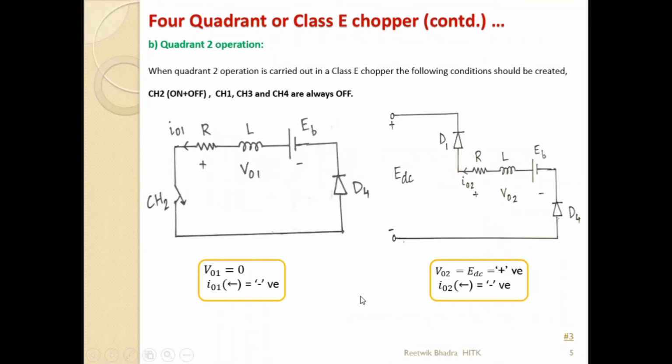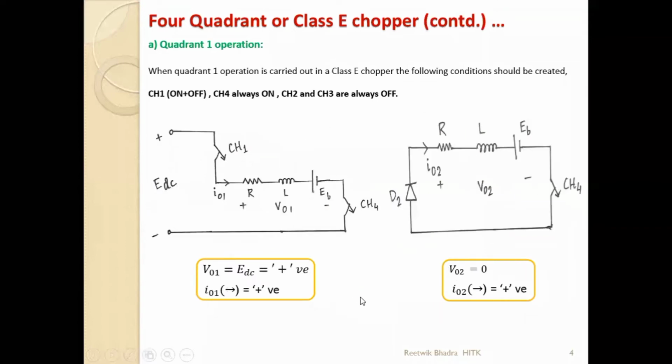So second quadrant operation, everyone understood, I think so. Okay, one small thing I'll tell you, how you should remember. Quadrant 1 operation is when CH1 is operated, on plus off.